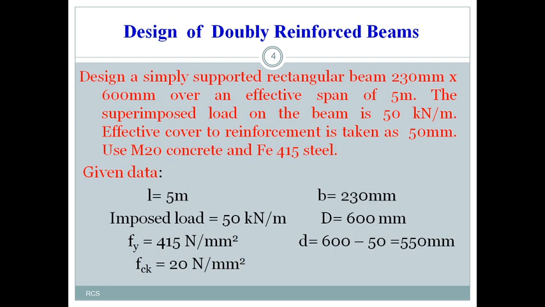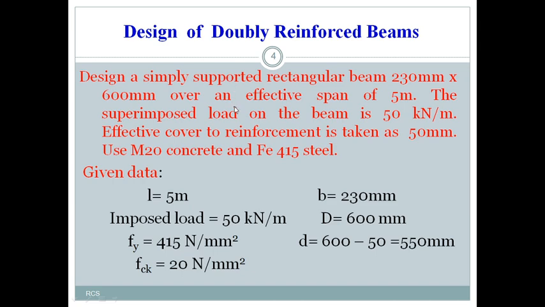If we are designing a doubly reinforced beam, then the 50 mm is the effective cover in the compression zone as well as in the tension zone. That's why it is the effective cover to the reinforcement. The reinforcement may be in the compression zone or in the tension zone, so for both cases we take 50 mm if we are designing a doubly reinforced beam, right? And the grade of concrete given is M20 and the grade of steel given is Fe415.